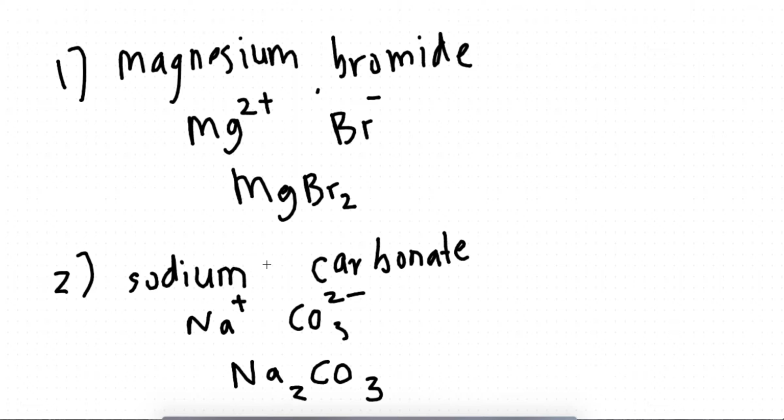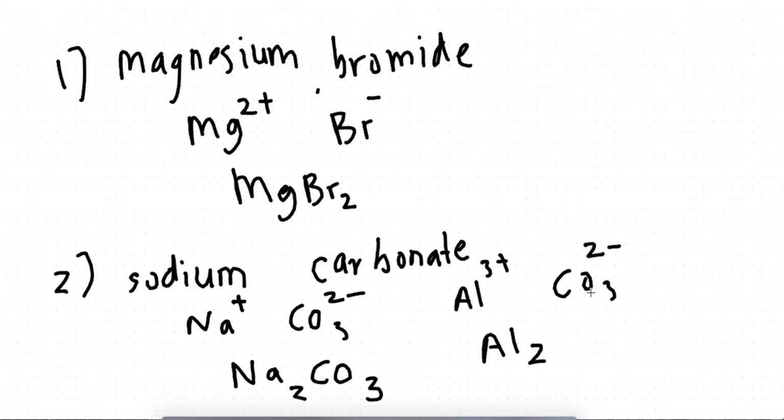So if it was, instead of sodium carbonate, aluminium carbonate, Al3+, carbonate is CO3 2-, so 2 and 3 not the same number, cross. Al2, do we multiply the 3 with the 3?